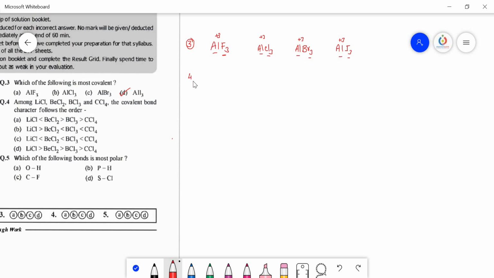Now let us solve question number 4. Among lithium chloride, beryllium chloride, boron chloride, carbon tetrachloride, the covalent bond character follows the order.